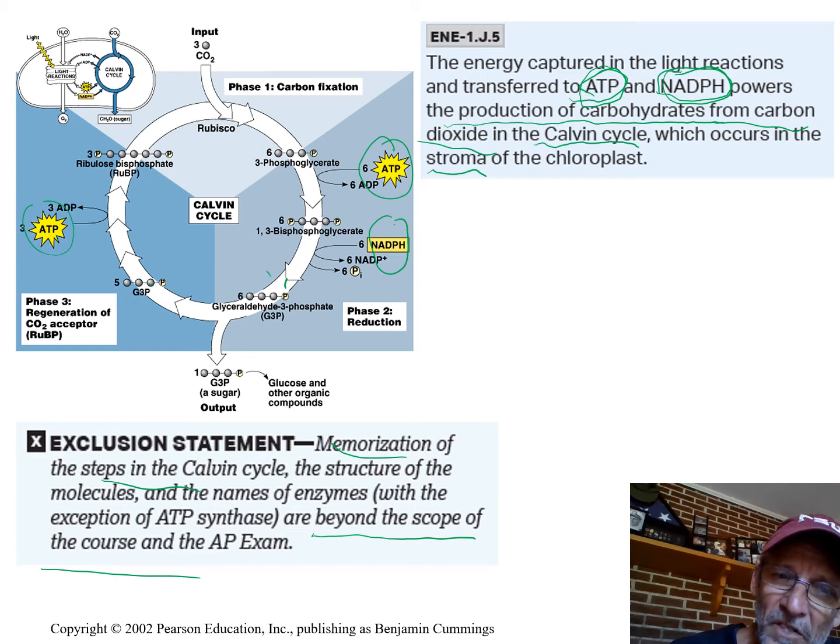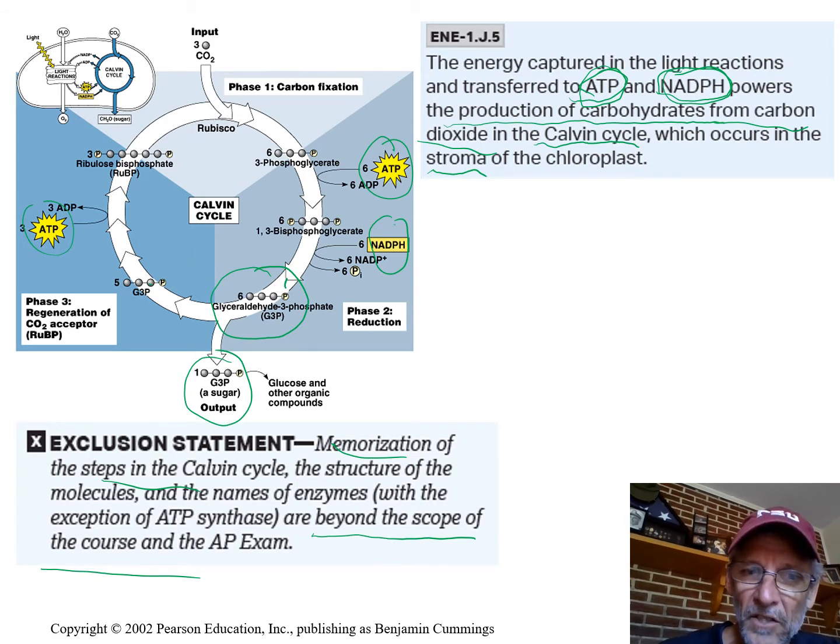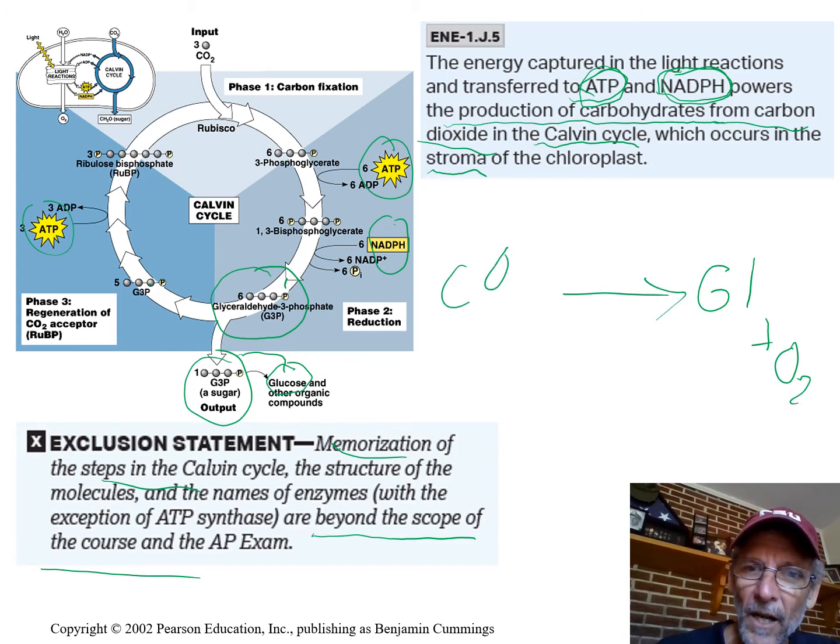Remember, we said specifically this is the carbohydrate, which can be considered the product of photosynthesis. When this is used to make glucose, for instance, it becomes glucose in the formula, right? Glucose and oxygen are produced from carbon dioxide and water.